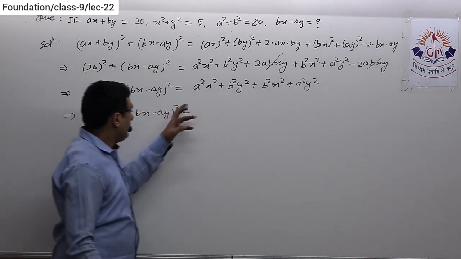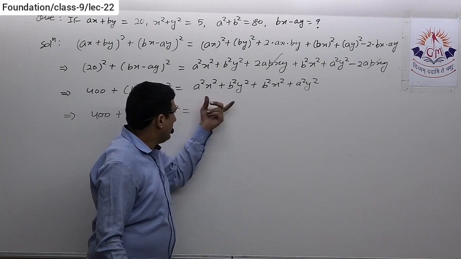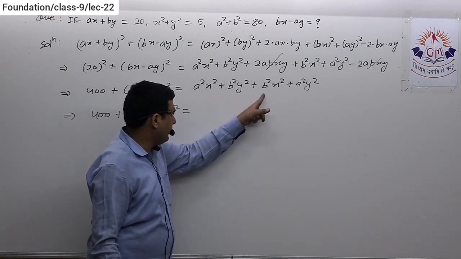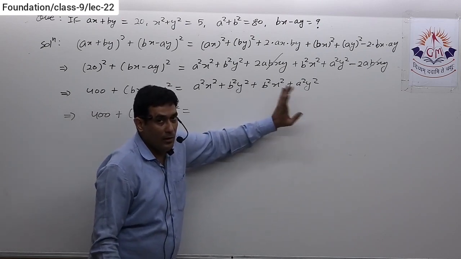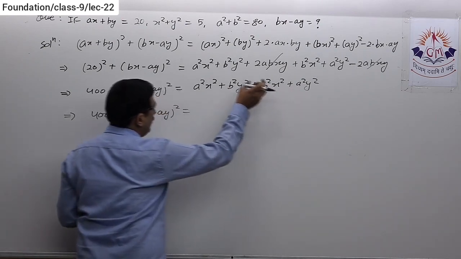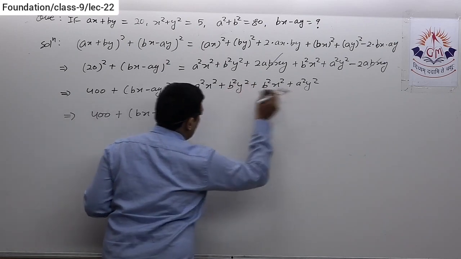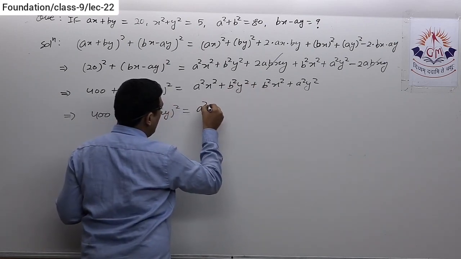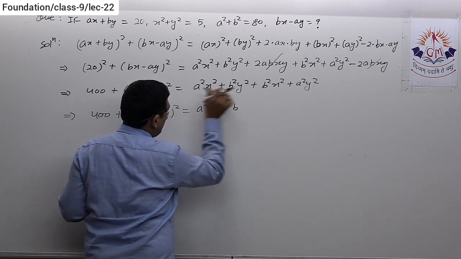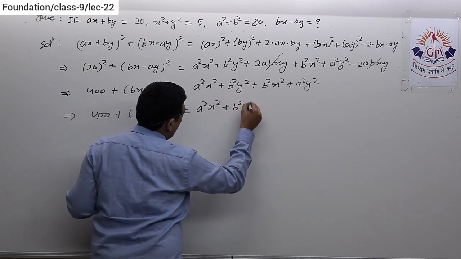equal to. Now you can observe over here that these two do not have anything common, but these two have something common, as well as first and last. Or if I make a different combination, the first and third have something common, second and fourth have something common. So let me write the terms in that order. So I wrote a square x square, then b square x square.